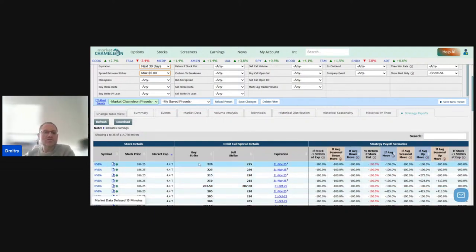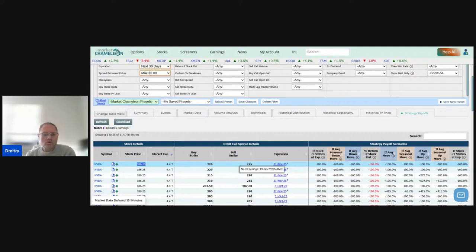Right now NVIDIA is at 186.25, but November 21st is some time away. We don't know where the stock will be, so we're going to give it different points based on stock moves, using data, and see what this call spread would return.